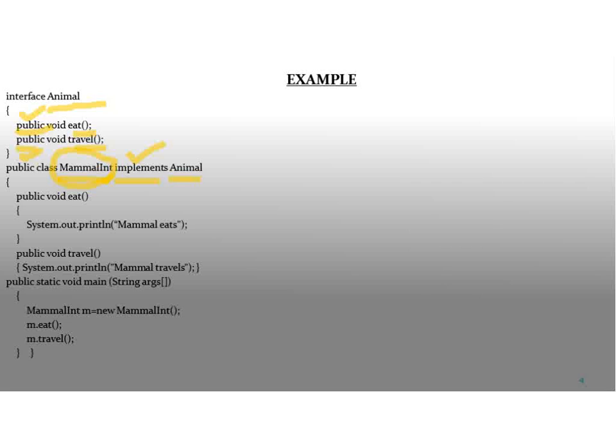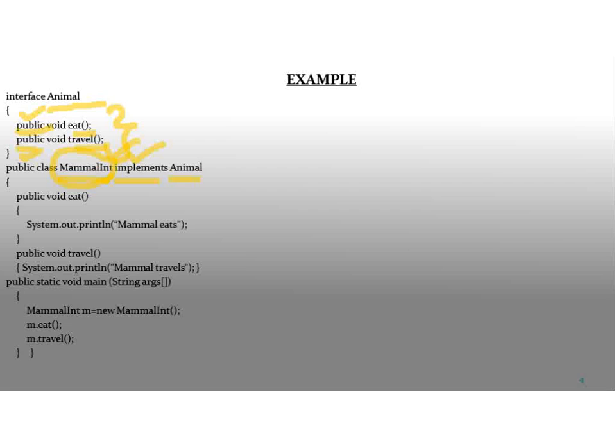Now inside this class, mammal int, the mammal will inherit the behavior of the animal interface. This is not inheritance, this is interface. So implements means whatever methods are there inside interface animal, they will be defined inside this class.